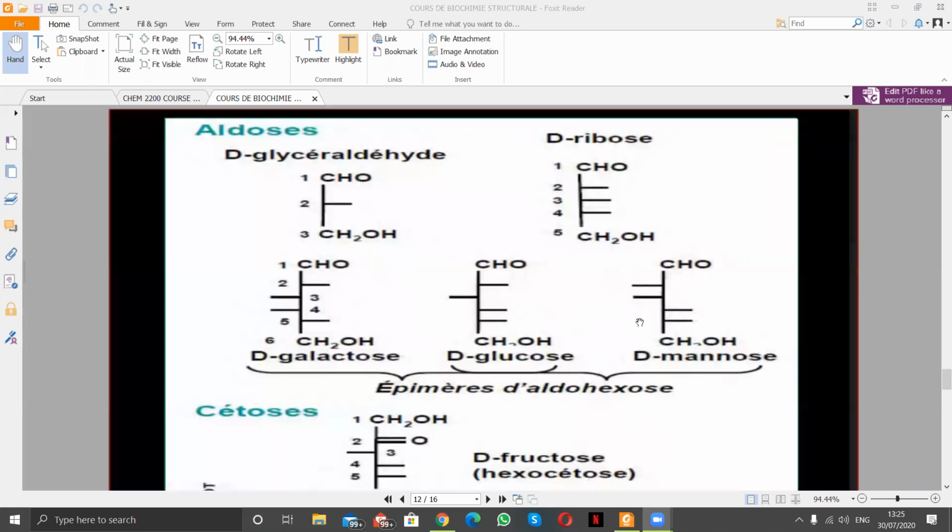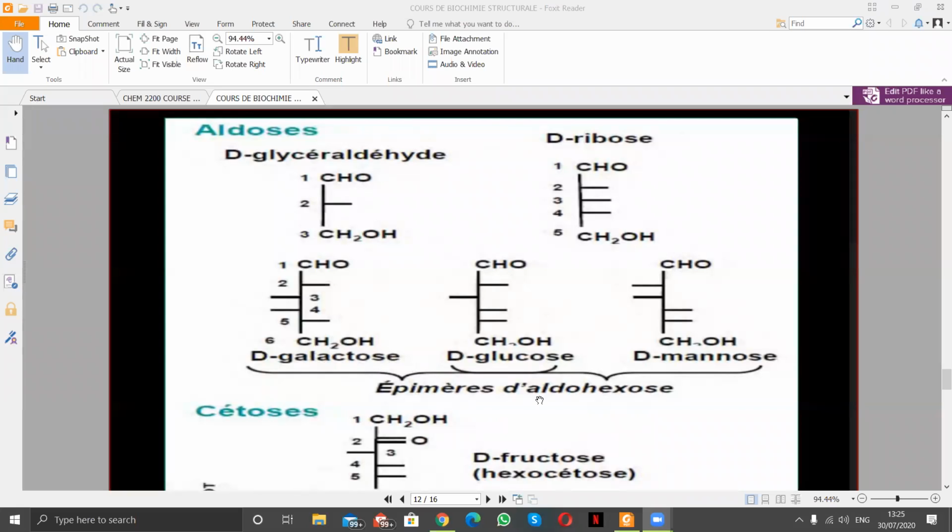Yeah. Then I wanted to talk about this, the simplest way of writing our carbohydrates. This is galactose. This is the simplest way of writing our carbohydrates.